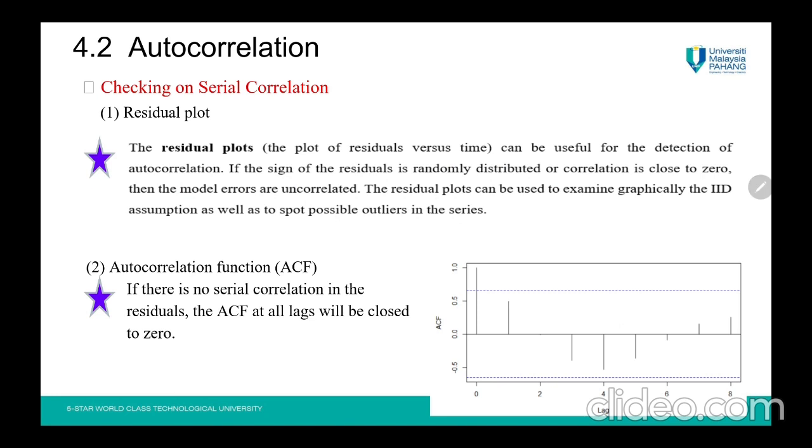There are three tests to check on autocorrelation or serial correlation. The first test is the residual plot, that is, the plot of residuals of the regression model versus time. This residual plot is useful for the detection of autocorrelation.